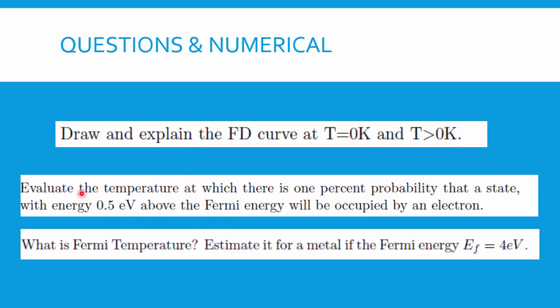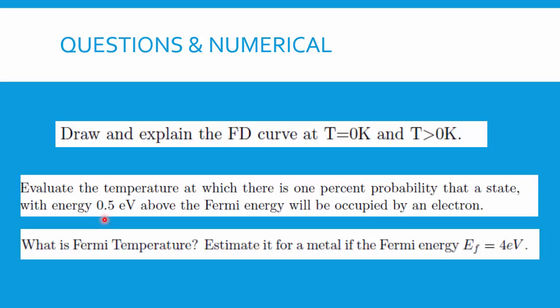Now next, coming to the other problem: evaluate the temperature at which there is 1% probability that a state with energy 0.5 electron volt above the Fermi energy will be occupied by an electron. So in this case, the probability value F of E is given as 1%. And the other information given is that you have an energy greater than the Fermi energy.